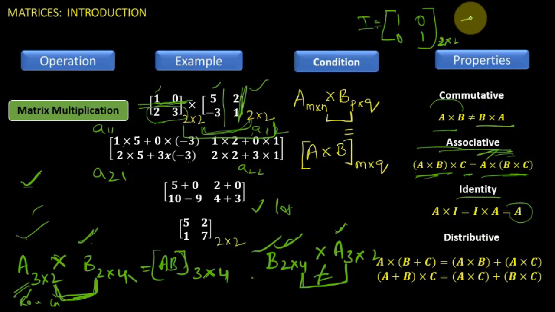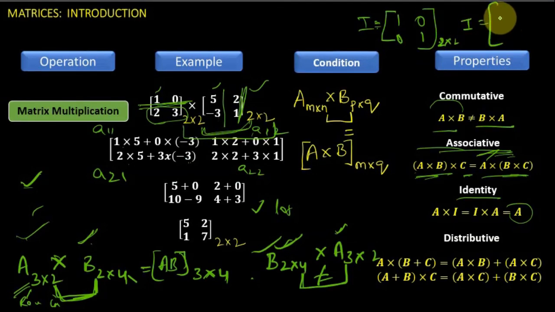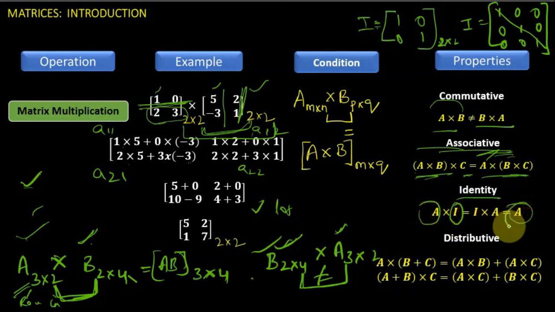Similarly, for 3 cross 3 the identity matrix is 1 0 0, 0 1 0, 0 0 1. Right, the diagonal elements are all 1. So when you multiply any matrix with this identity matrix, you will get the same matrix. This is important. You should remember this.